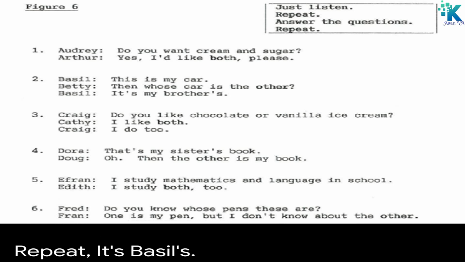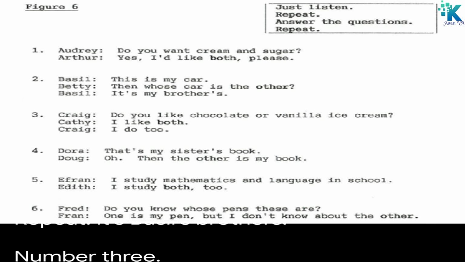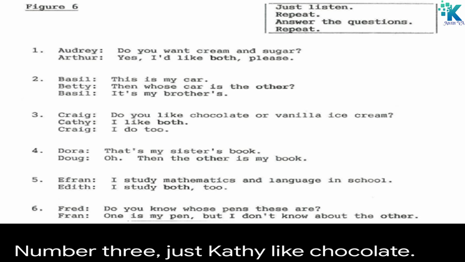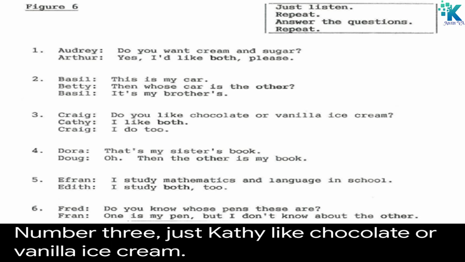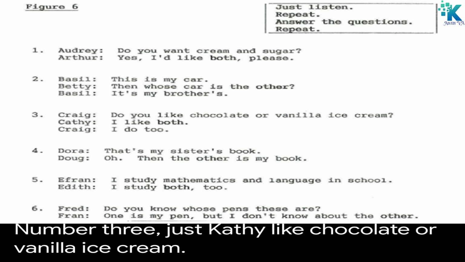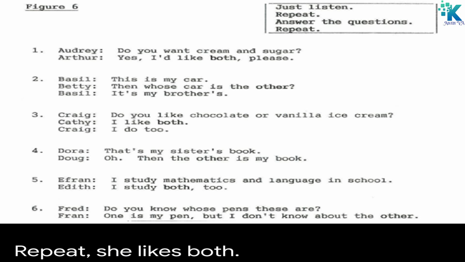Repeat. It's Basil's brother's. Number 3. Does Kathy like chocolate or vanilla ice cream? Repeat. She likes both.